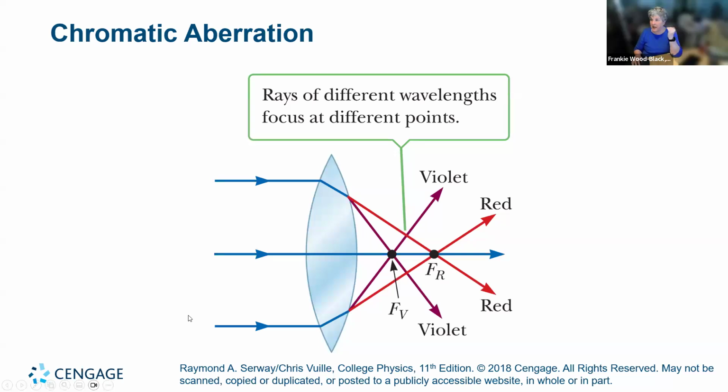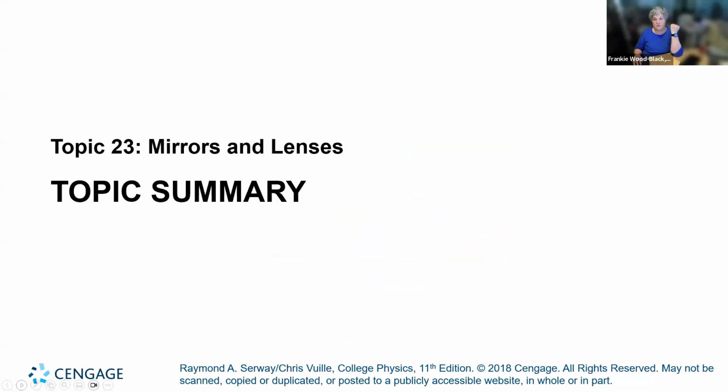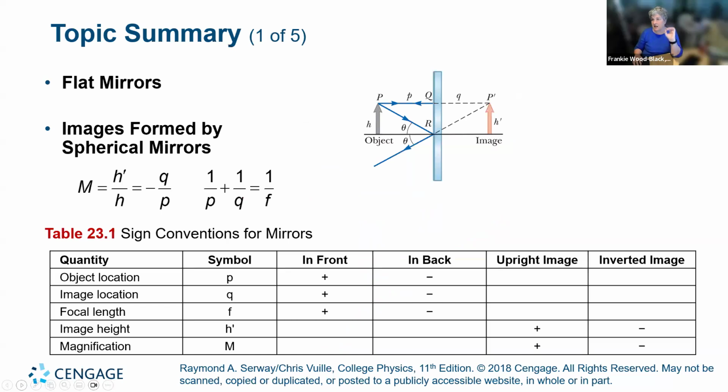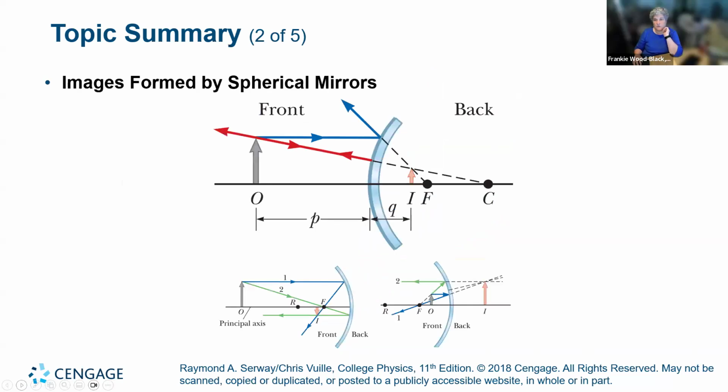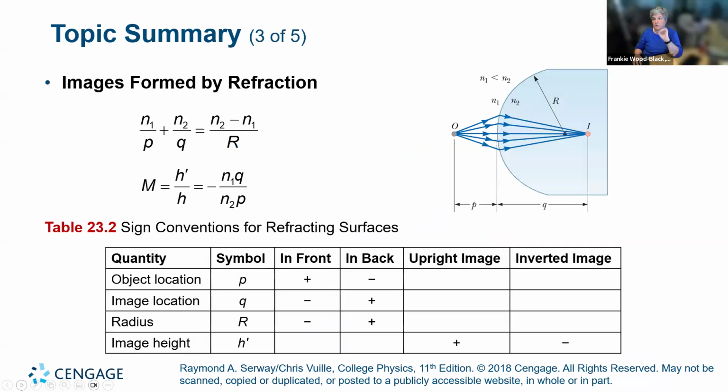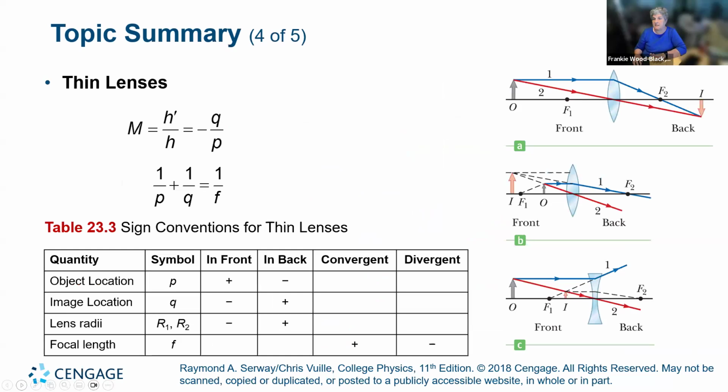Okay, so in this PowerPoint, at the end of it, you have your sign convention charts. I've pulled them together for you so that you can walk through those pieces, and it shows the various ray diagrams. If you want to print out something to have when you're working your homework, these summary slides are probably the best.